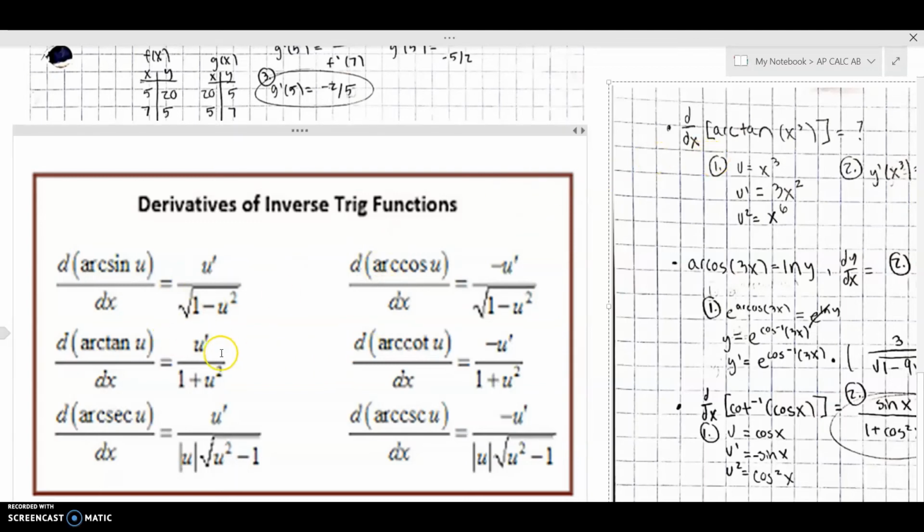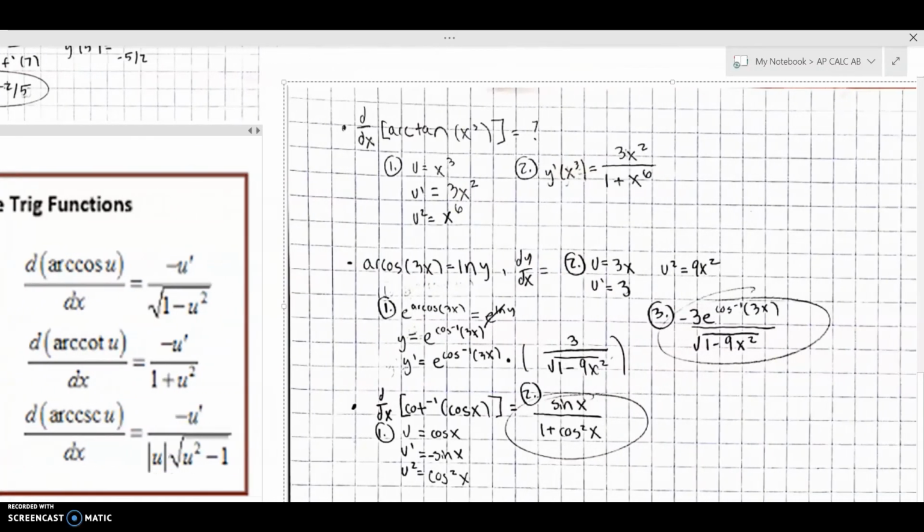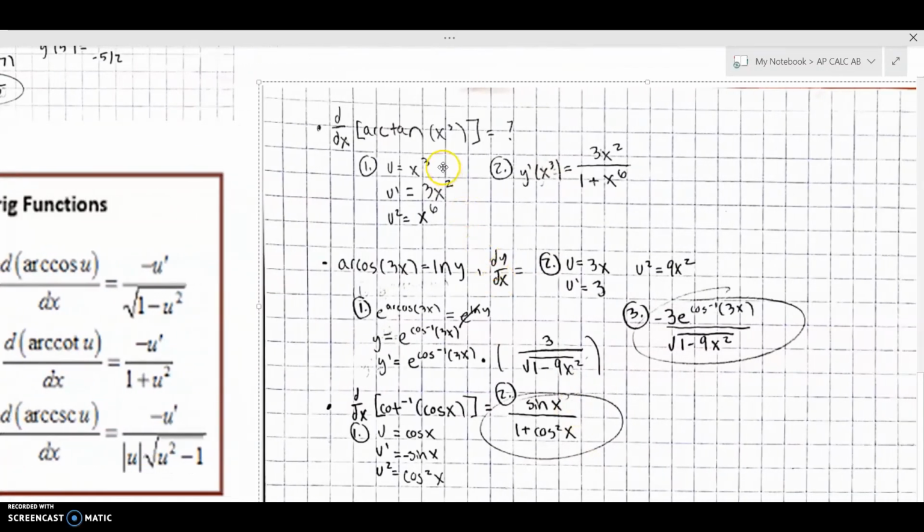So right now we'll just use this little chart right here. We have the inverse tangent, and this is the equation we should use for that, right? It's u prime over 1 plus u squared. So essentially, u in this circumstance will be replaced with x cubed.